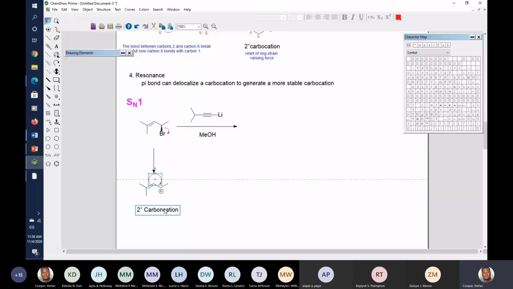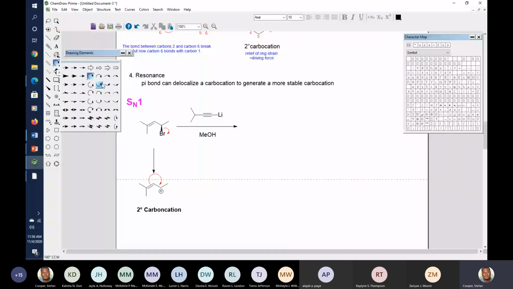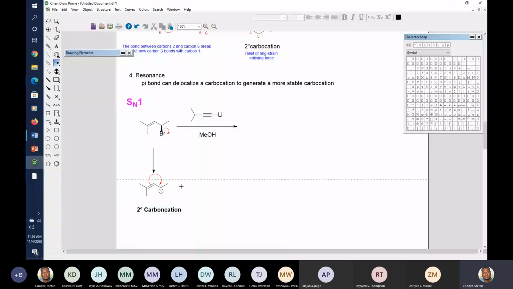In doing so, I go from a secondary carbon cation to what do you think? A tertiary. That's right. You guys are right on it. So now this double bond moves here and I generate that carbon cation.